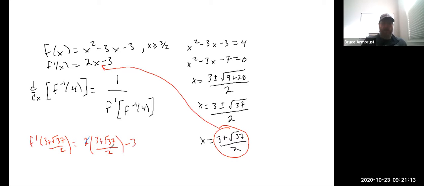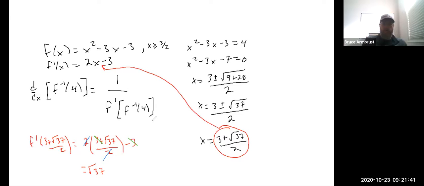The 2's cancel from that multiplication, and then the 3's cancel from our subtraction. And so what we're left with is just the square root of 37.